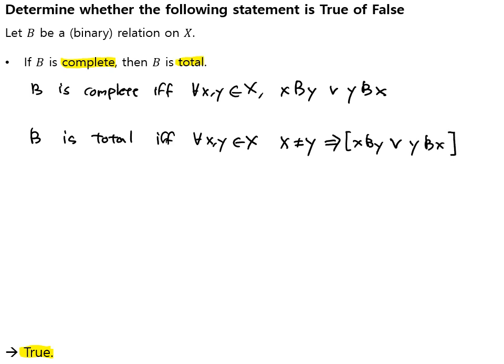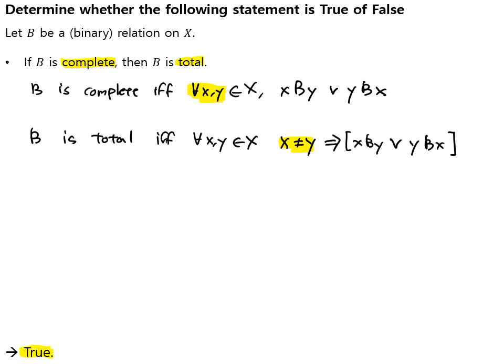Okay, so you can see that totality is a weaker property than completeness, because for completeness there's no restriction on when it applies. It applies for all pairs of x and y, whereas totality applies only when x and y are distinct.